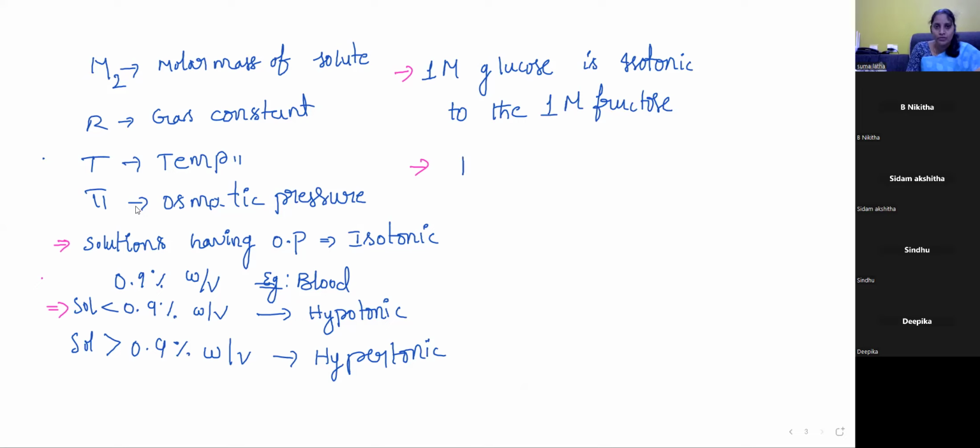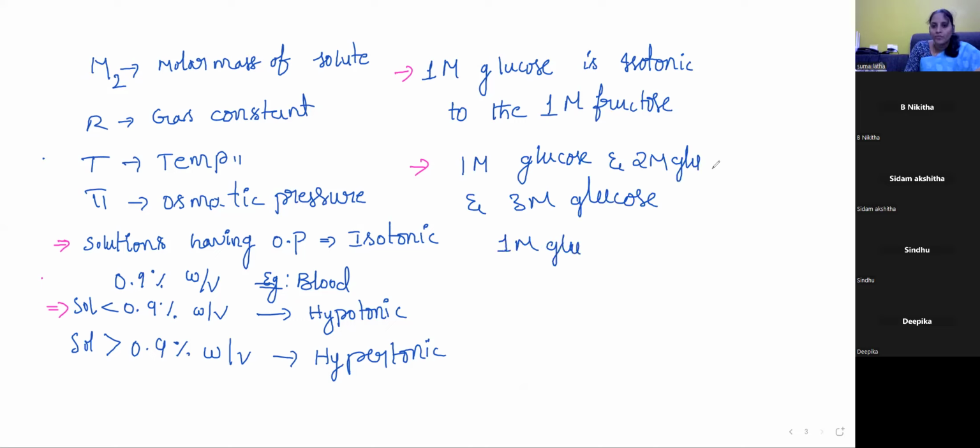Suppose you take 1 molar glucose, 2 molar glucose and 3 molar glucose. If you compare these three, 1 molar glucose is hypotonic to 2 molar.